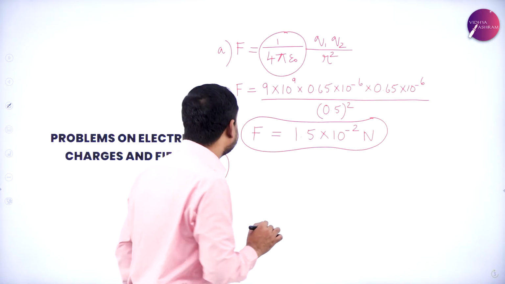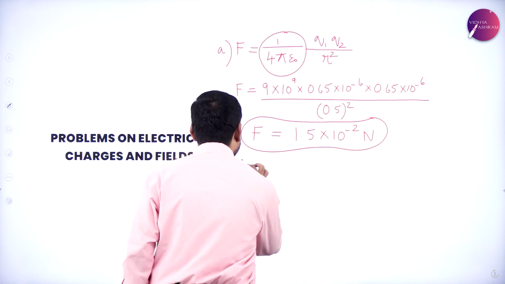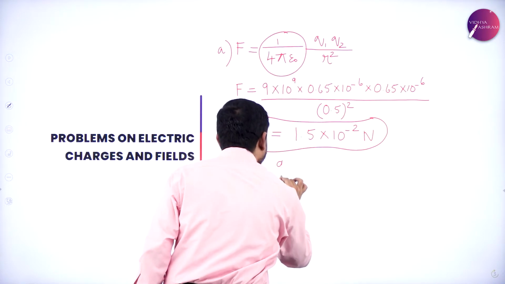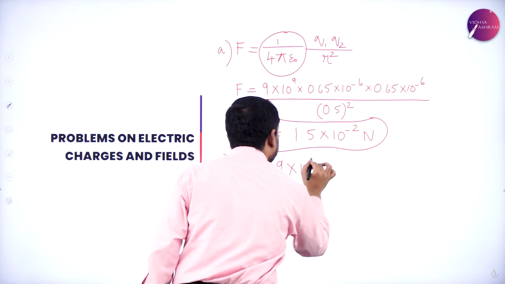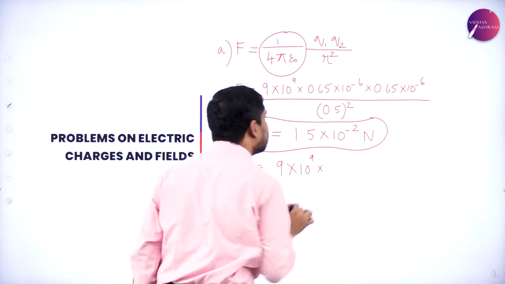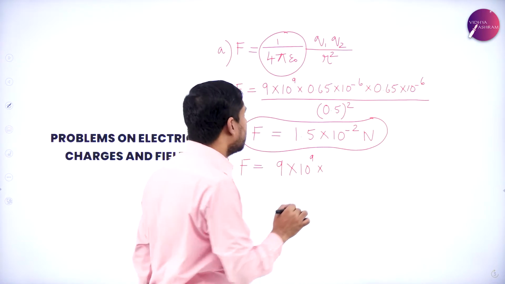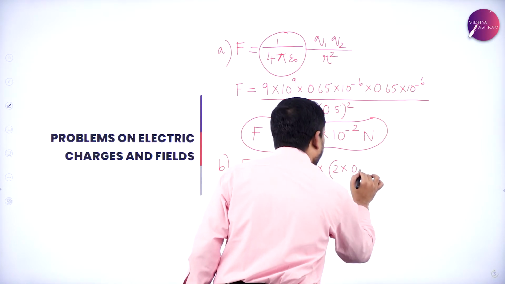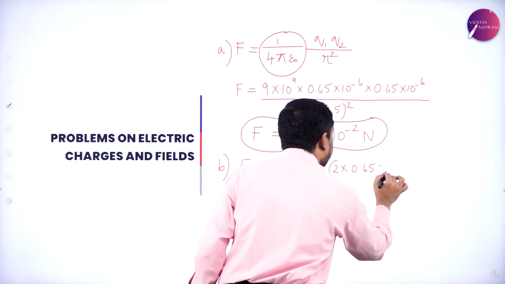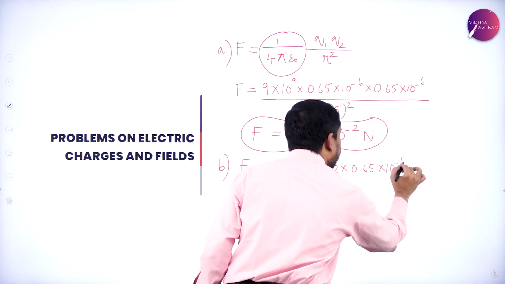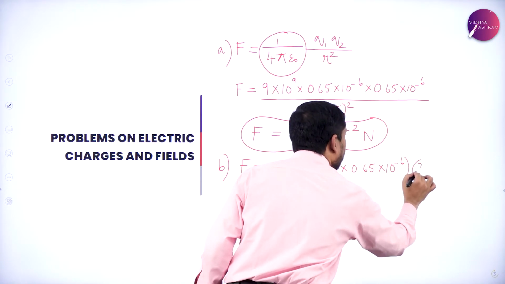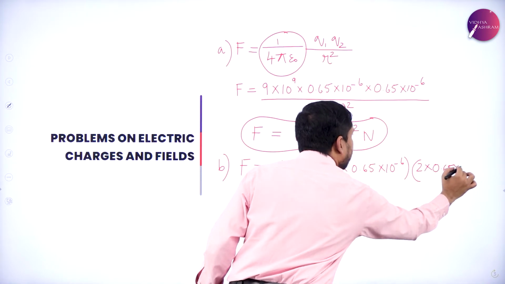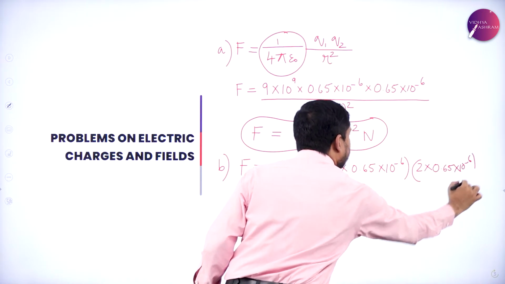In this case, again, F is the same formula. Now, each charge is doubled. So, this is 2 into 0.65 into 10 power minus 6, 2 into 0.65 into 10 power minus 6.